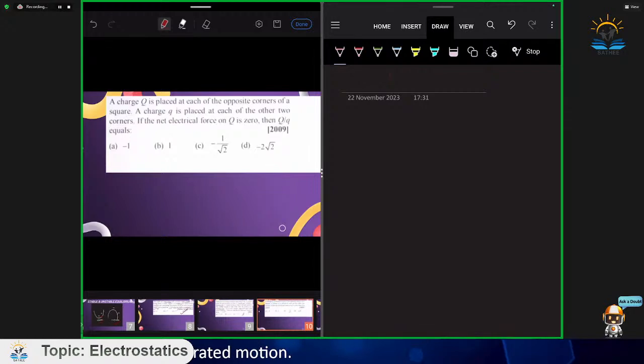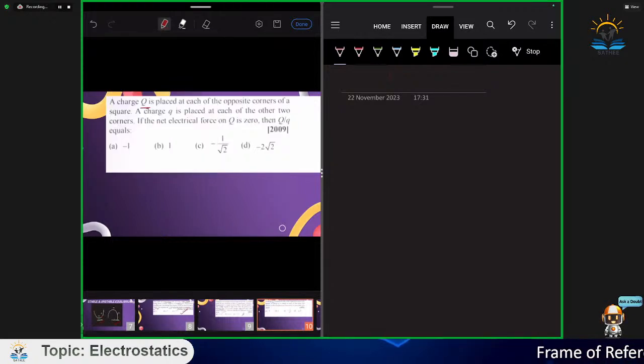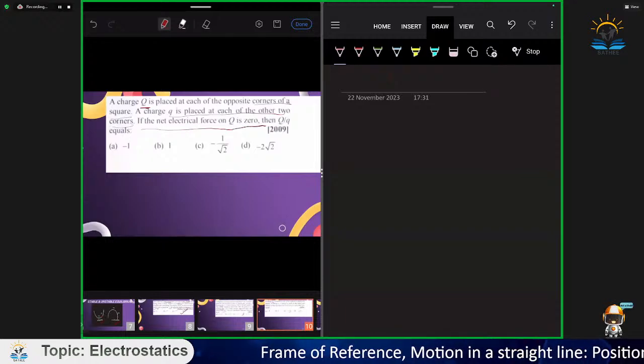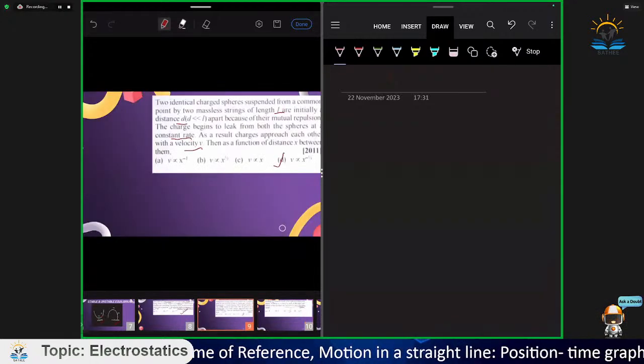A charge Q is placed at each of the opposite corners of a square. A charge small q is placed at each of the other two corners. The net electrical force on capital Q is 0, then we have to find out the Q by q ratio.